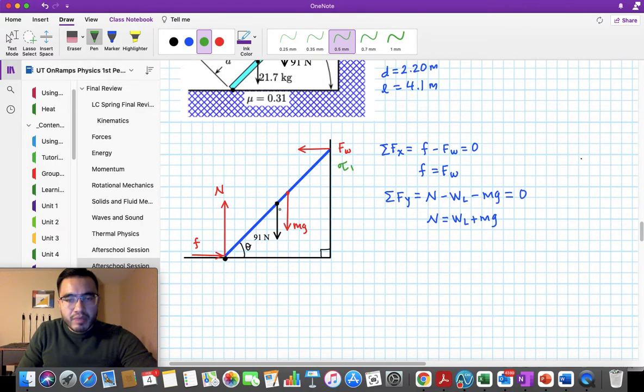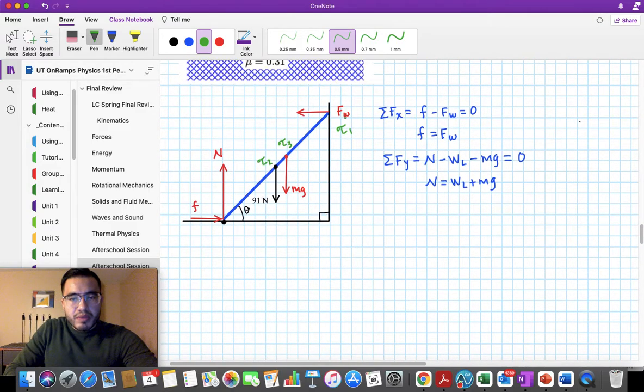We have a torque over here at the center of mass, center of gravity, because the pivot point is no longer the center of gravity. So we have torque 2 because of the weight of the ladder, plus this one over here, the weight of the kid, torque 3. So 3 different torques. Okay, now let's come up with their equations, and then we'll continue the sum of the torques over here.